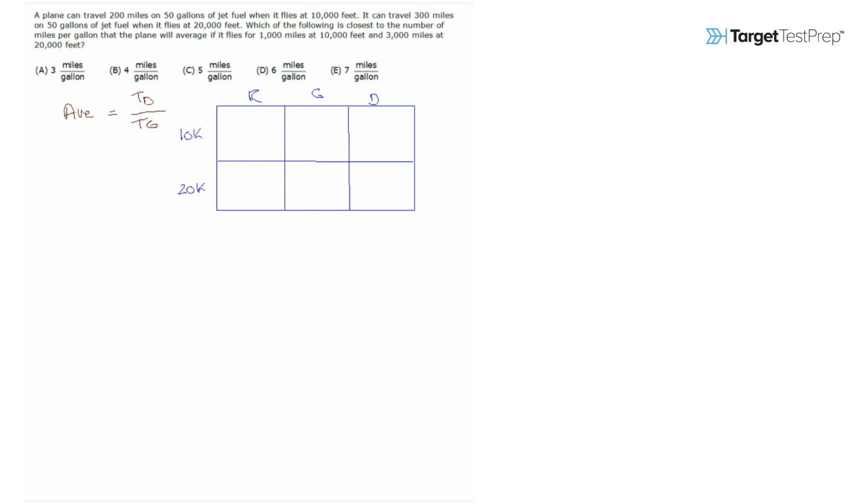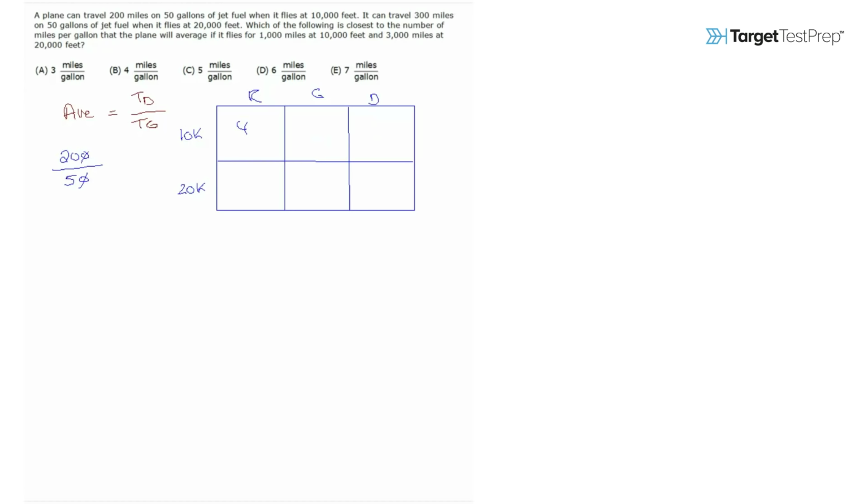So a plane can travel 200 miles on 50 gallons of jet fuel, and that's the rate. So yes, that's the initial rate that we're given. That's 200 miles for the distance, 50 gallons for the gallons, so that's 200 divided by 50, which we'll do off to the side here, 20 divided by 5, which of course gives us 4 for the rate.